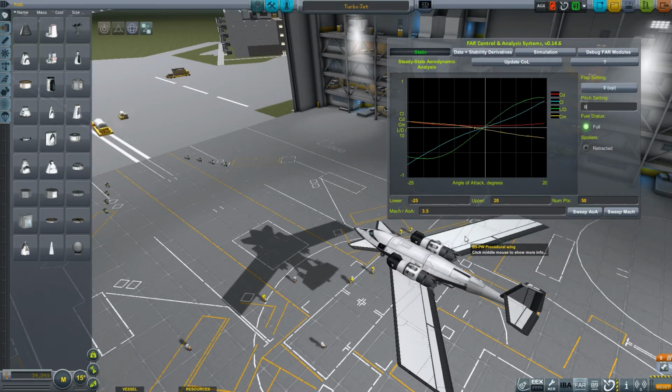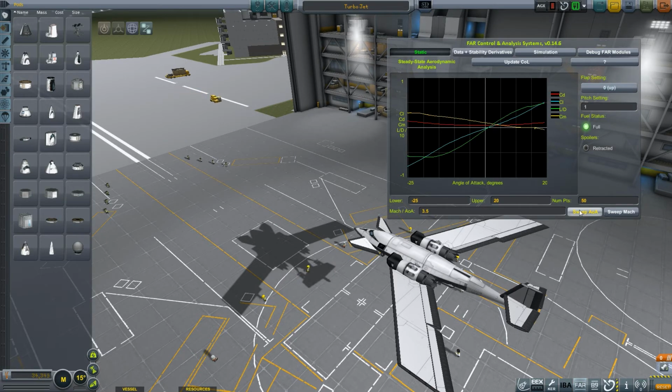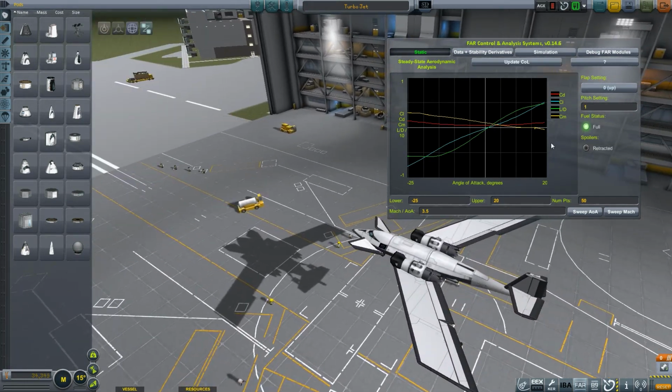If we look at our pitch setting, which is a percentage, so that's 0%, and 1 is 100%. If we sweep the angle of attack, sometimes we have to do it twice to make sure it updates. You'll see that our angle of attack, or our pitching moment, looks like it's a little bit below 18 degrees.